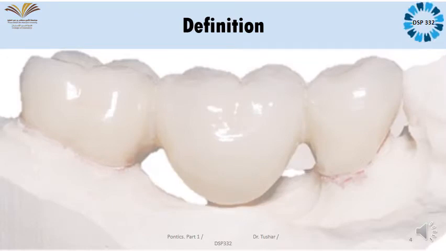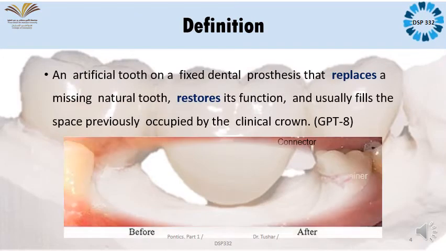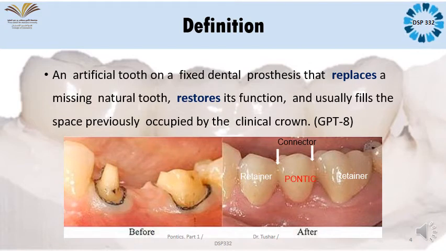By definition, according to the Glossary of Prosthodontic Terms, the definition of Pontic goes like this: it is an artificial tooth or teeth. It may be one tooth or more than one tooth of a fixed partial denture. It is an artificial tooth of a fixed partial denture that replaces a missing natural tooth. Whatever tooth is lost, we are going to replace that tooth, right?